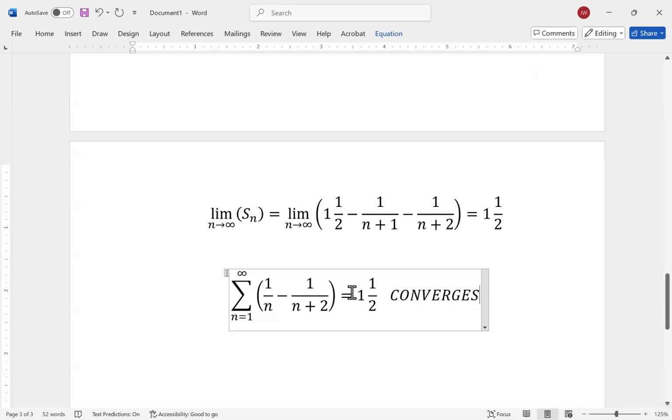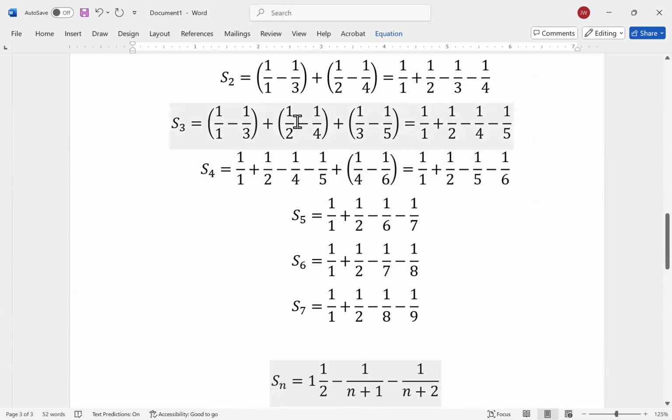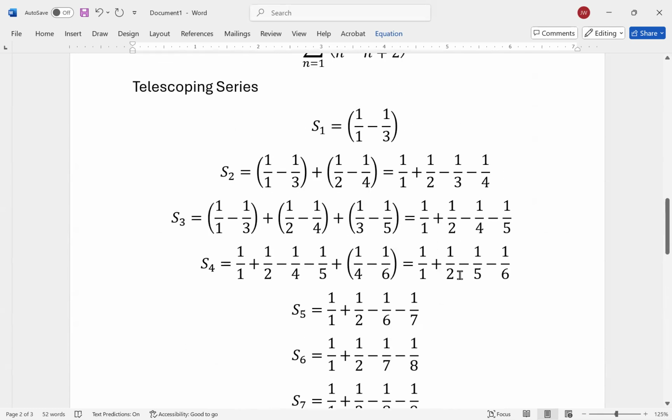Again, it's being called telescoping because there are so many terms that cancel each other out.